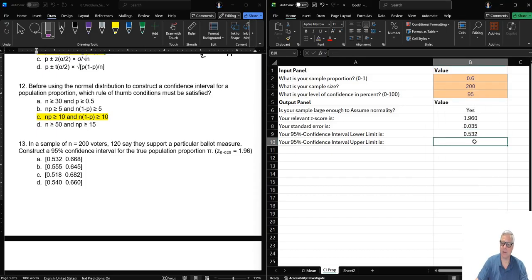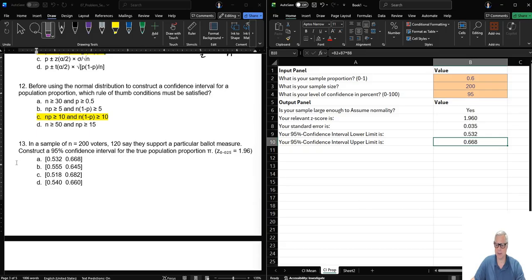And now we do the upper limit, which is equal to the sample proportion plus the relevant z-score times the standard error. And again, we just copy the format from above, and now we have 0.532 to 0.668.